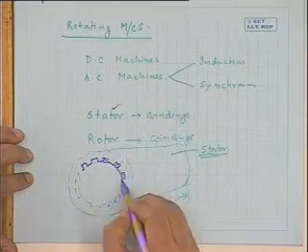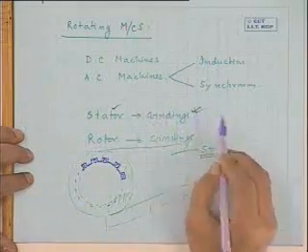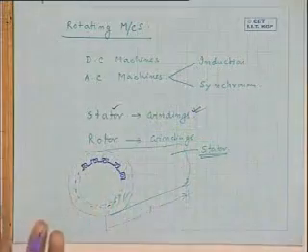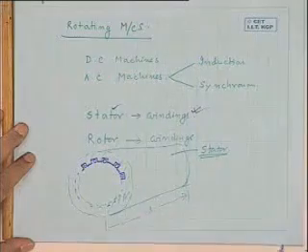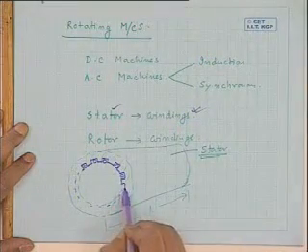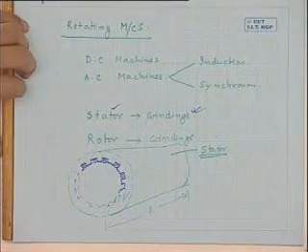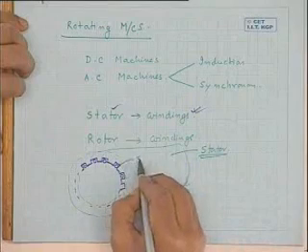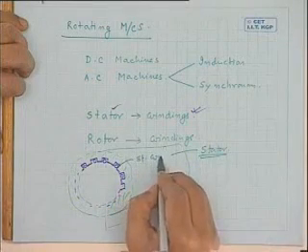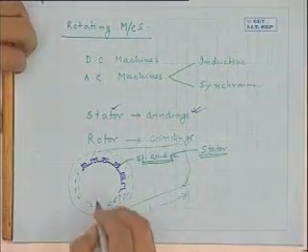In these slots will be put your conductors or coils, which are called the windings. On the inner periphery, several sets of conductors will be placed. So these are the stator windings.